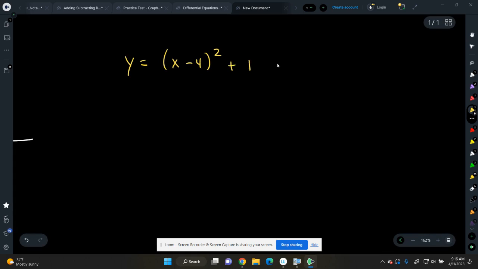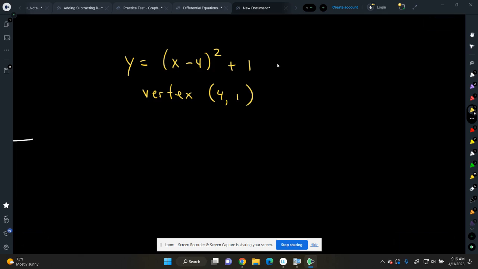Okay. Thank you. So let's look at the equation y equals (x minus 4) squared plus 1. First off, what is the vertex? The vertex is (4, 1).